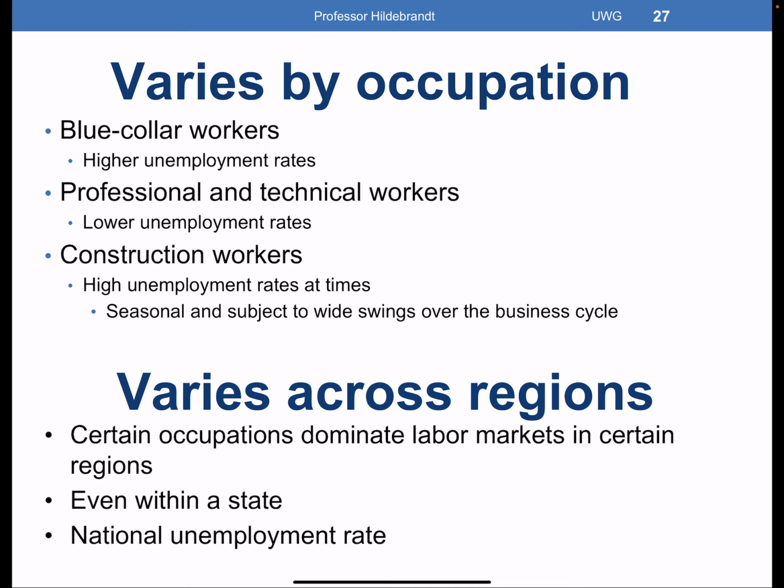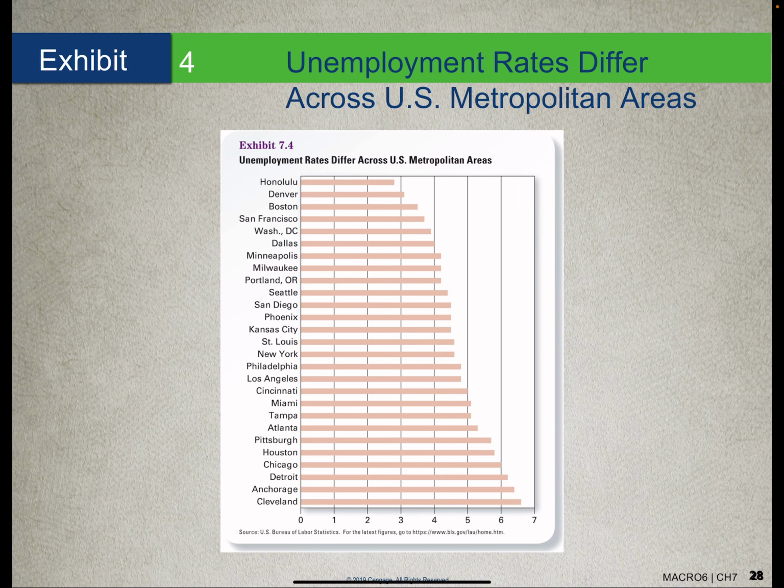Well, therefore, so was Detroit, Michigan. Okay. And so here we were just looking at different unemployment rates for different metro areas. So you had some on the higher end, Cleveland, Anchorage, Detroit, Chicago. Look, even Atlanta was towards the top. Okay, and then on the lower end, places like Honolulu, Denver, Boston, San Francisco, DC.